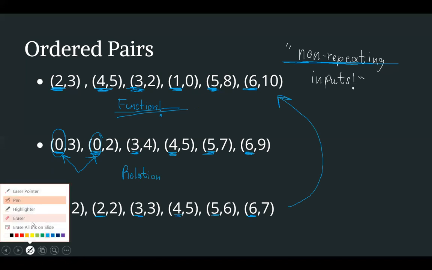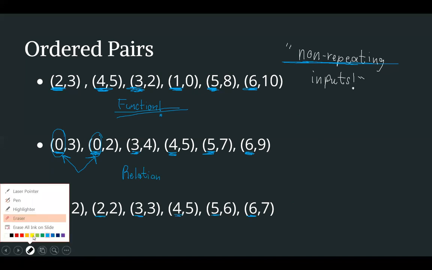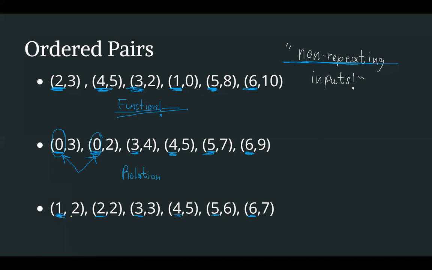But wait a minute. Look at the output. We have 2, 2, 3, 5, 6, 7. You see this one? They are the same, right? Yes, they have different inputs but the same output, which is 2.